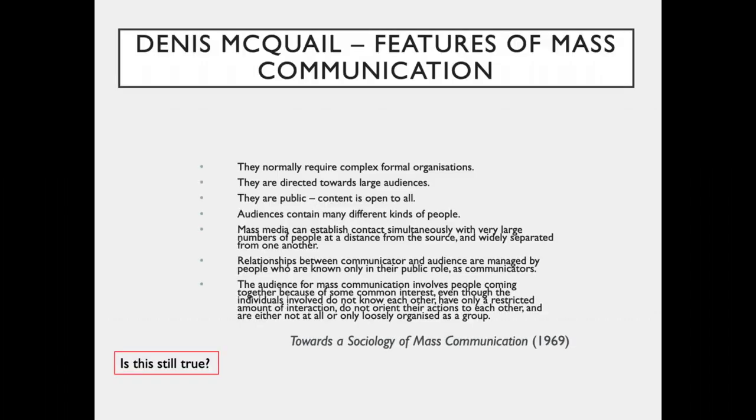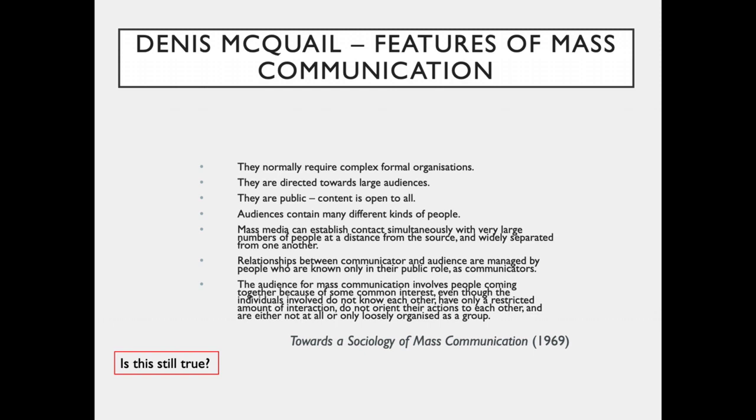So this is Dennis McQuail, and this is, as it says, Features of Mass Communication. McQuail's Media and Mass Communication Theory is one of the books on our reading list, and we're waiting for the library to get the 2020 edition in. I would really recommend that you have a look at this, because McQuail is very up to date and very useful.